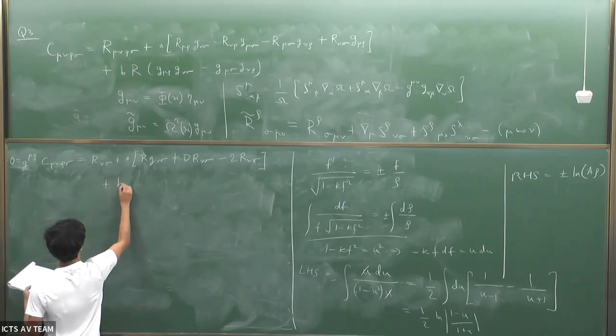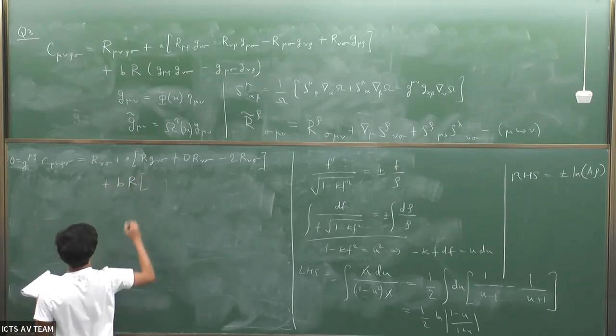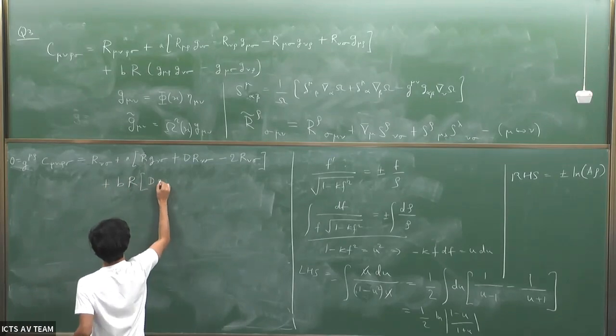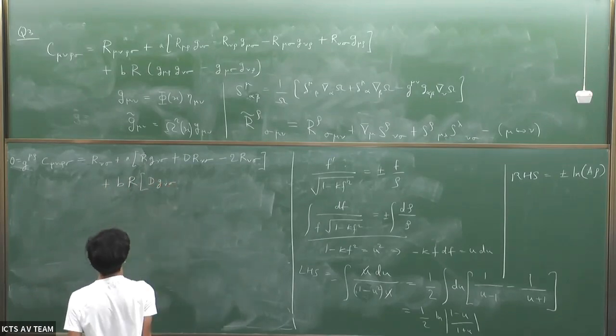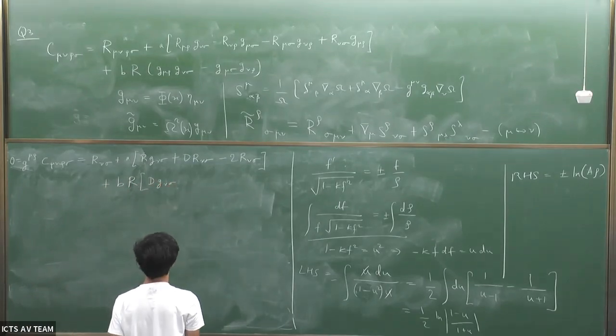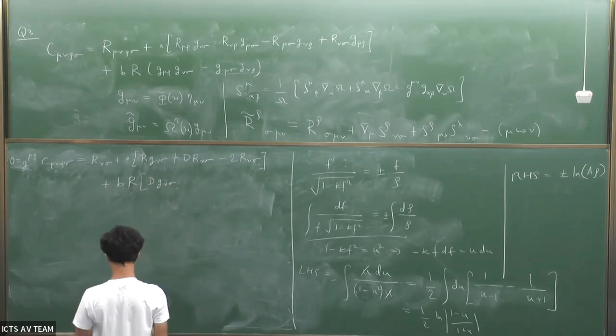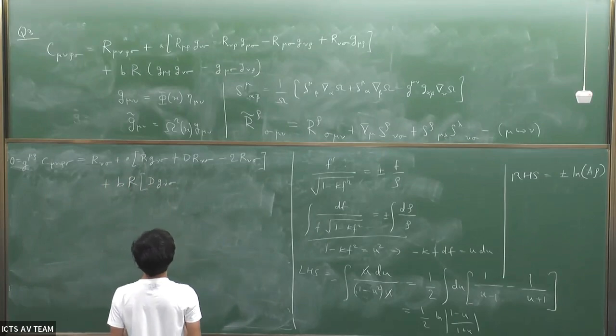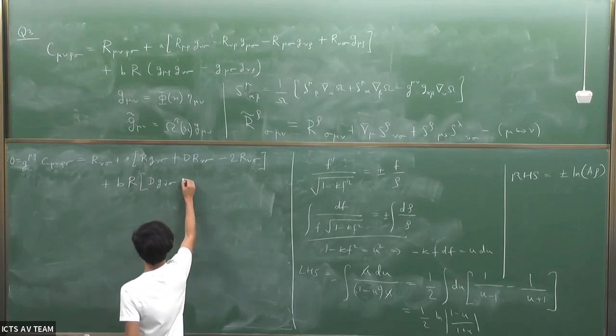Plus b times R. Now the first term becomes D times g nu sigma. The second term is delta rho sigma g nu sigma.